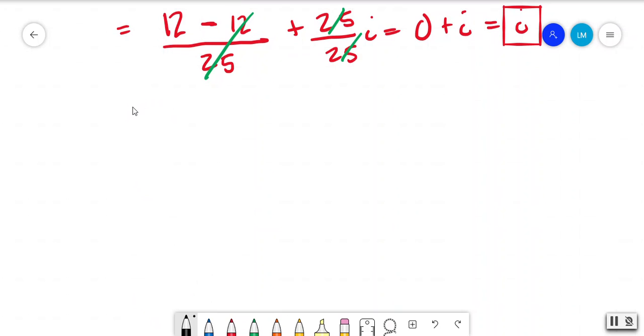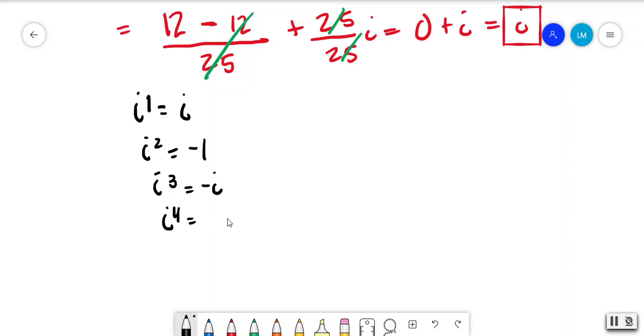Usually in class, I go through the process of i to the 1 is just i, i squared is -1, i cubed is negative i, and then i to the 4th is equal to negative i squared, which is basically 1. But then i to the 5th power is basically just i.